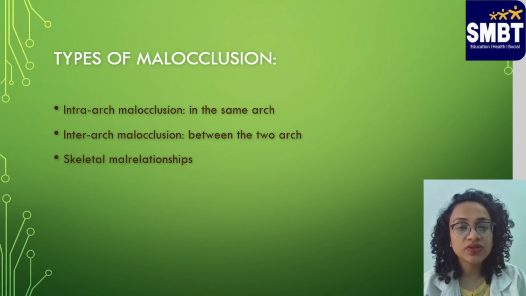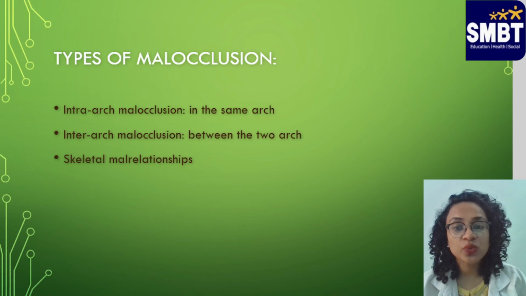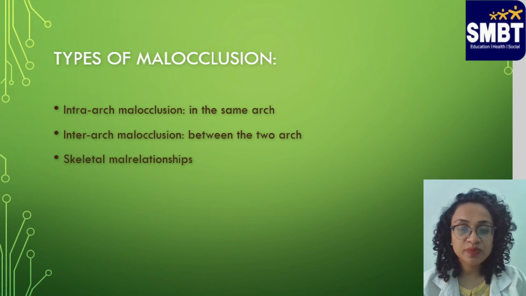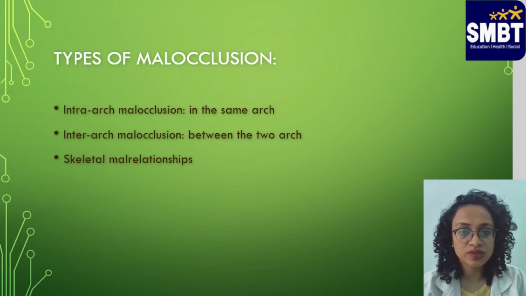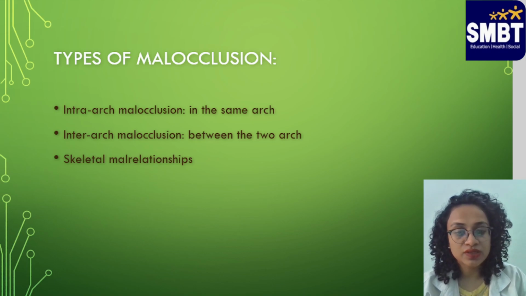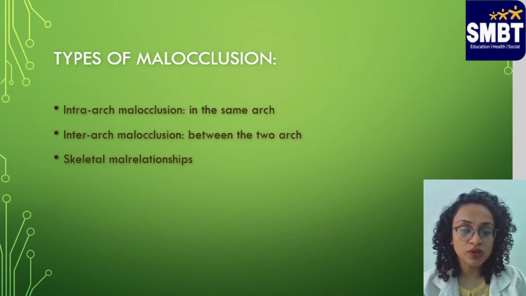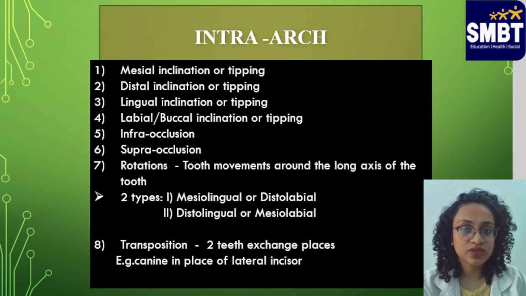Inter-arch malocclusion means it is between two arches, like deep bite or open bite, which is present between the maxillary and the mandibular arch. Skeletal malrelationships means the malocclusion involves the maxilla or the mandible, that is, the skeletal jaw bases.